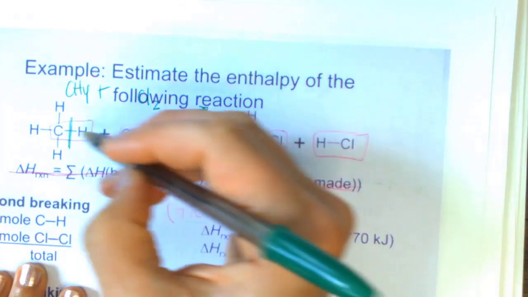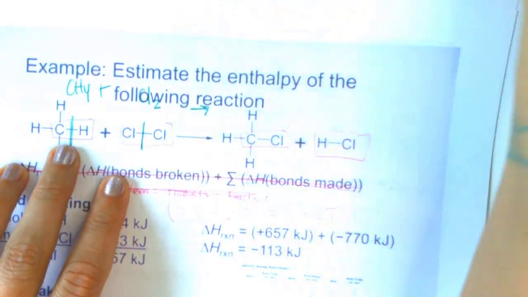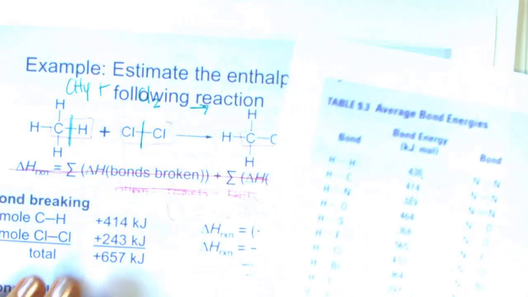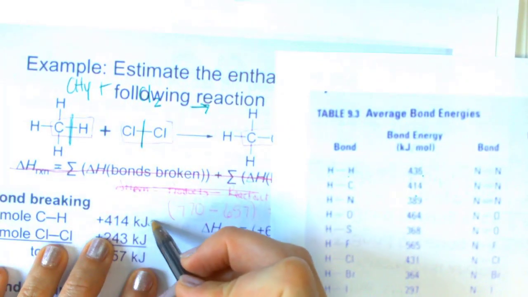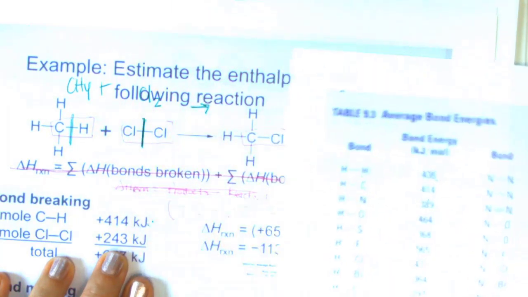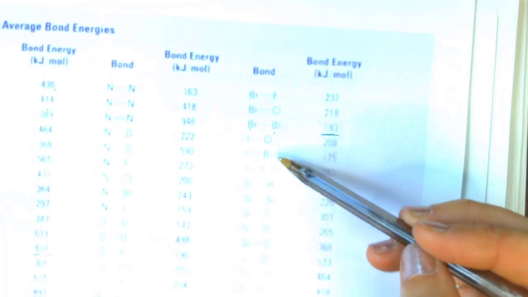So we would look at that table and look at how much energy it takes to break C and H. It takes 414 kilojoules to break that CH. We also need to break that chlorine-chlorine bond. So we need to find chlorine-chlorine.